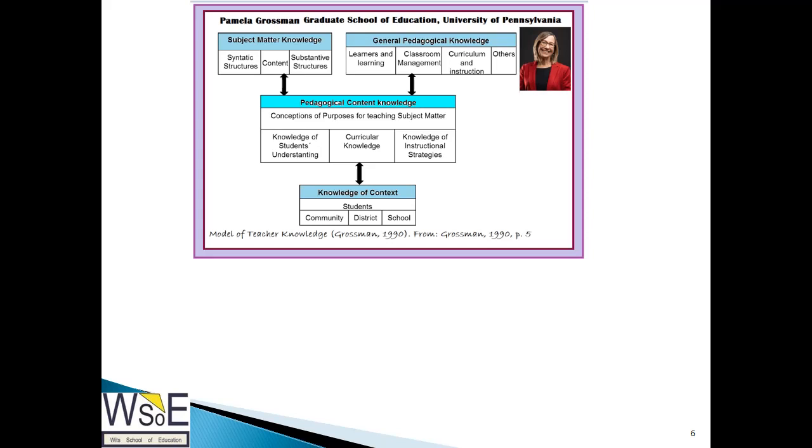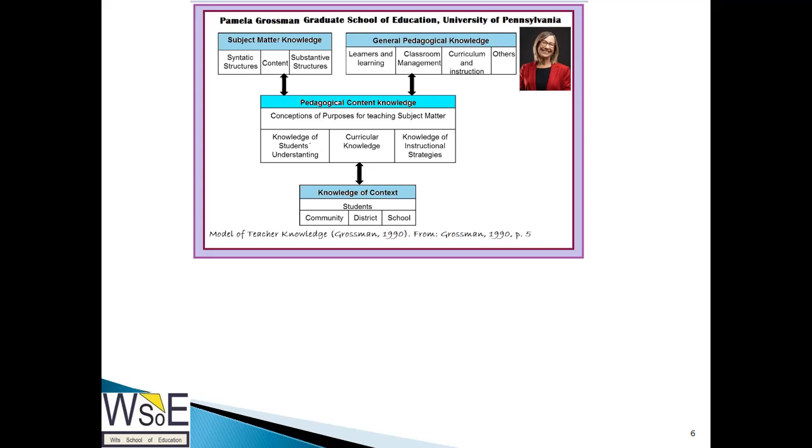So for her, pedagogical content knowledge included the conceptions of the purposes for teaching subject matter. Why are we teaching students this subject matter? Why is it important that students understand this subject matter? Then knowledge of students' understanding. Is there anything that students might not understand or have difficulty understanding? A teacher needs to know that. Then the teacher's curricular knowledge would include that, and also knowledge of instructional strategies.